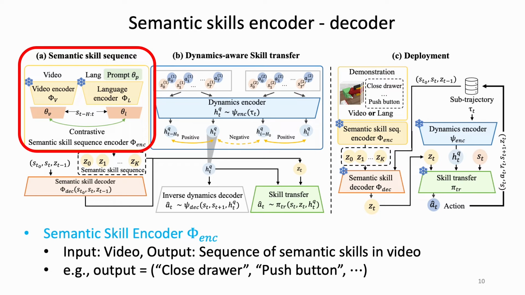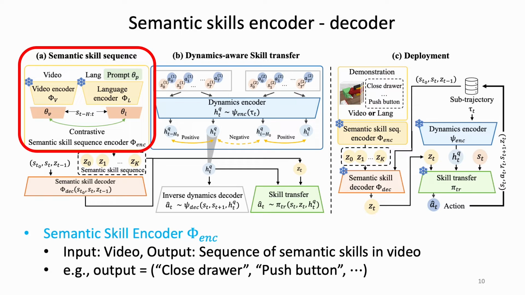Let me explain the methodology in more detail. First, the semantic skill encoder is a module that watches a video and extracts semantic skills. In other words, the input is the video and the output is a sequence of semantic skills depicted in the video.